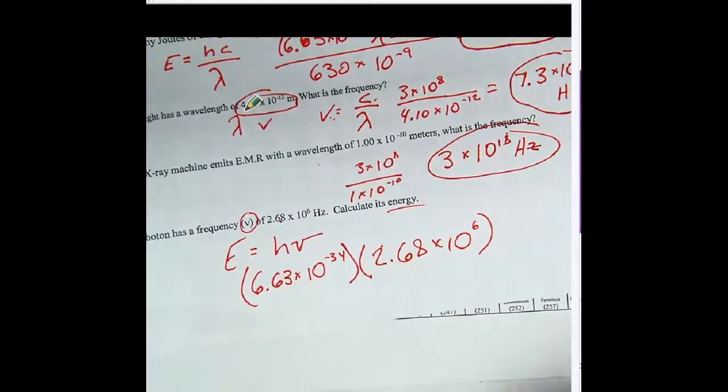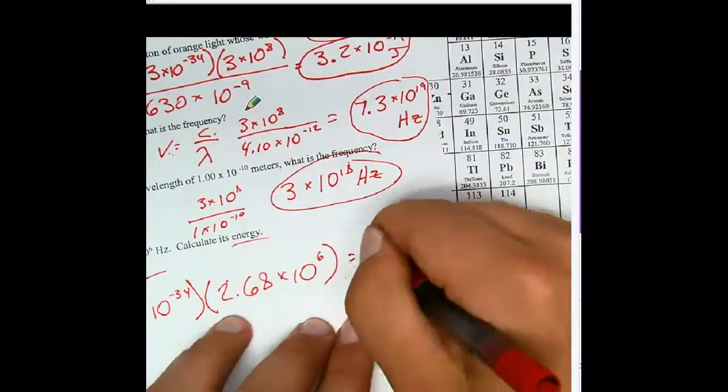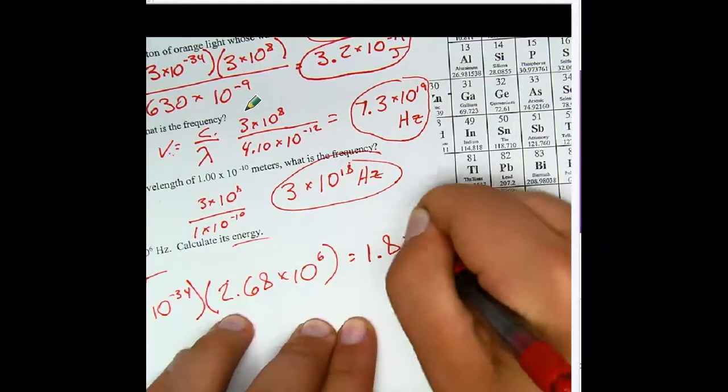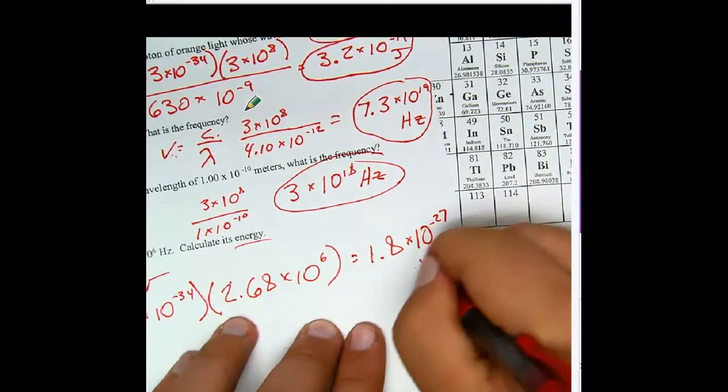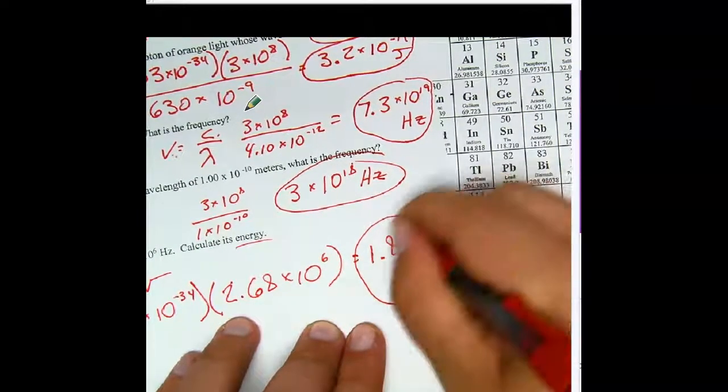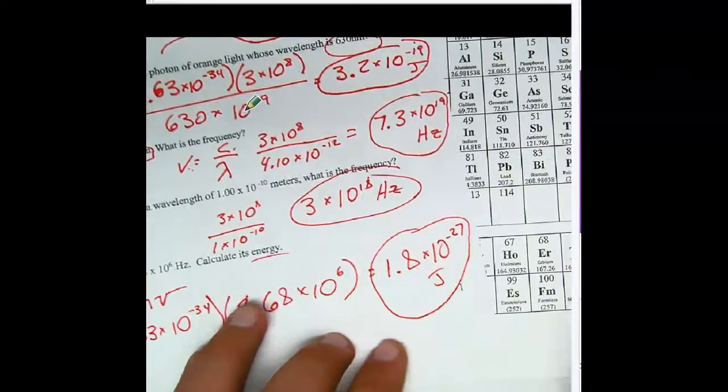Now I just got to plug it in my calculator. So parenthesis, 6.63 times 10 to the negative 34th, times, parenthesis, 2.68 times 10 to the 6th power. And I got 1.8 times 10 to the negative 27th. And energy is in joules. Okay, hopefully that kind of made sense.